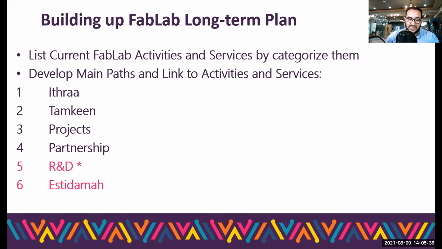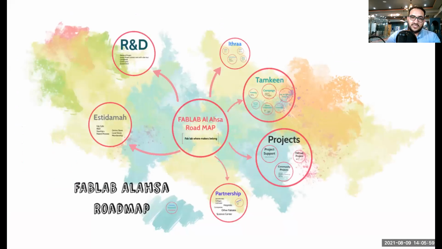Last thing, we add Istidama. Istidama means sustainability in general, where we need to have a backup plan if our supplier has fewer resources, or maybe we would like to fund other projects, so we can fund ourselves by this path. And this is how we structured the roadmap at the beginning.